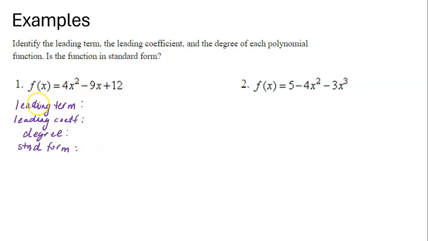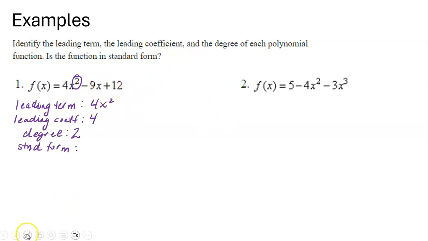Okay, so let's look at this one. The leading term is 4x squared because it has the largest. The leading coefficient is 4. That's the number in front of the variable. The degree is going to be 2. That's the largest exponent we have. And it is in standard form because it's descending. So we have x squared, we have x to the 1 basically, and then no x's.